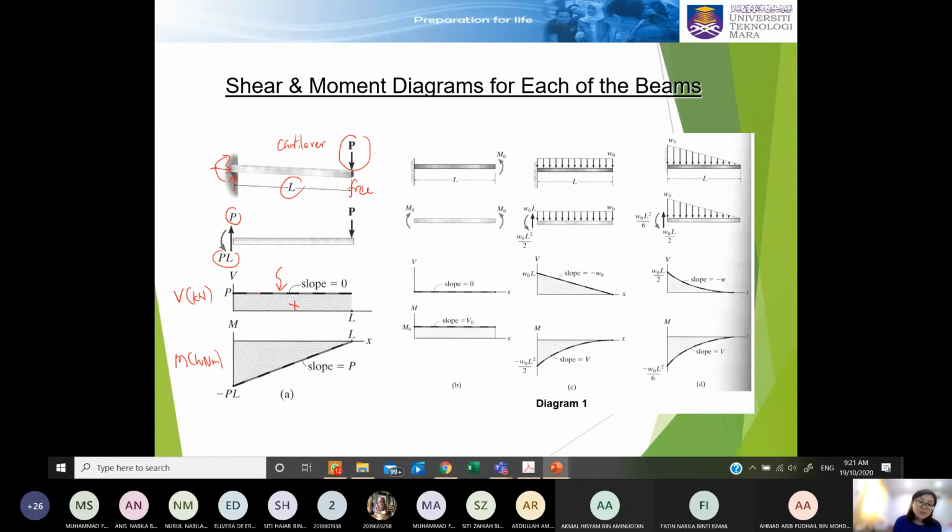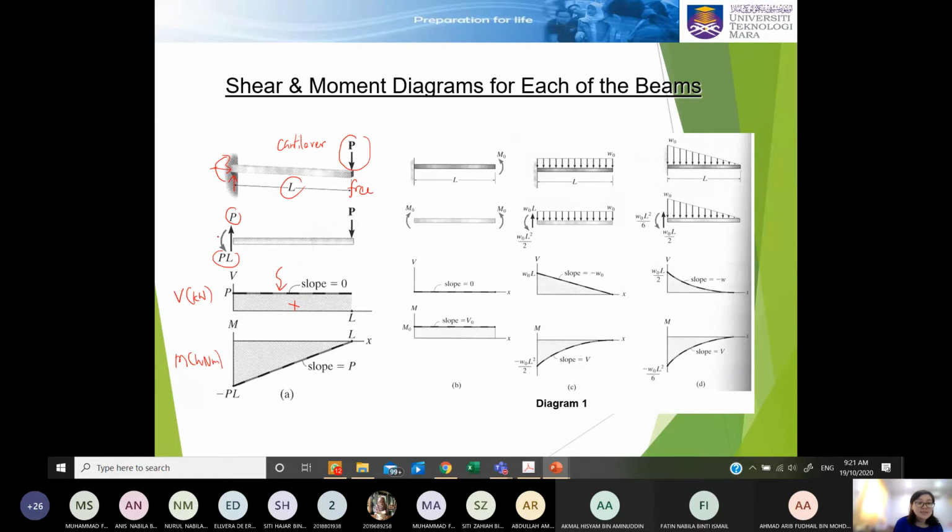So when the shear is a straight line, the moment will have a straight line, but at increasing or decreasing slopes, depending on your shear value. Right now we have a PL.